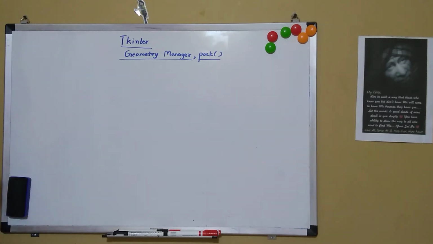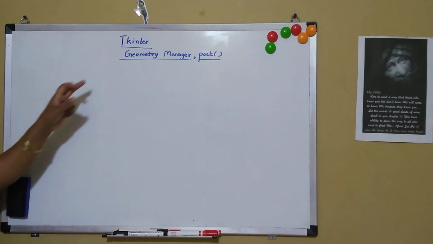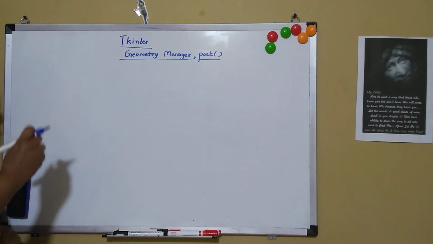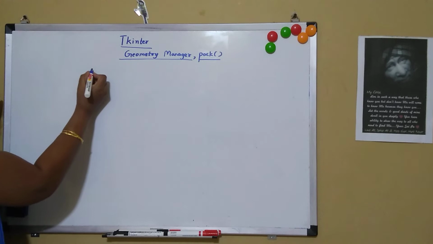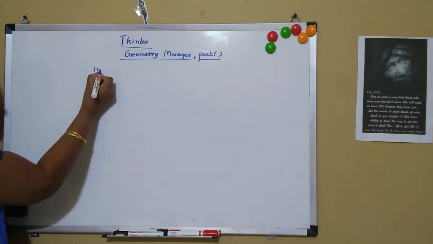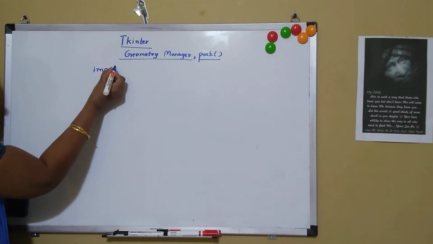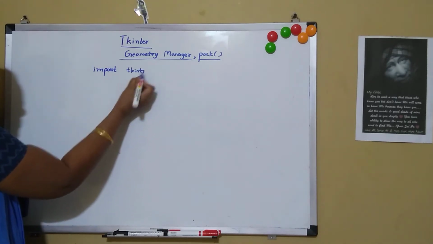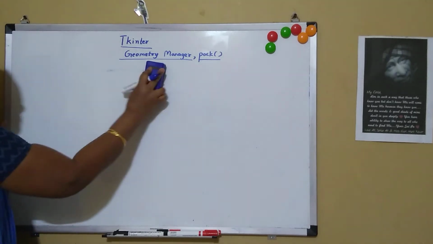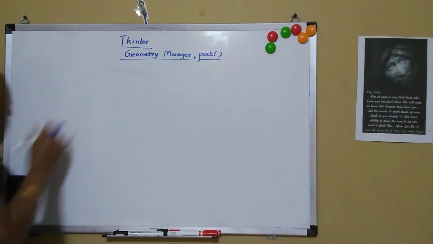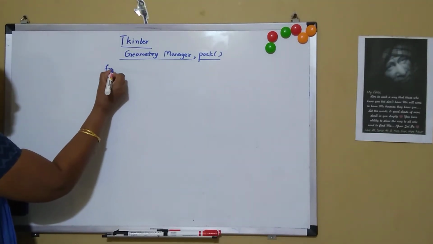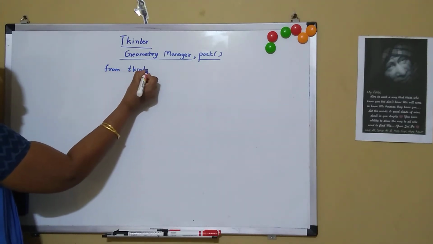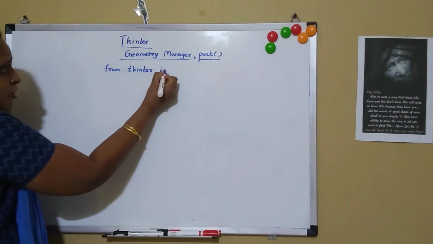So as we have all seen, firstly, to create any Tkinter application, that is a GUI application, we have to import Tkinter. Firstly, we have to give from Tkinter import all.